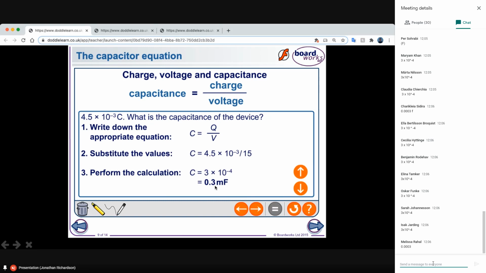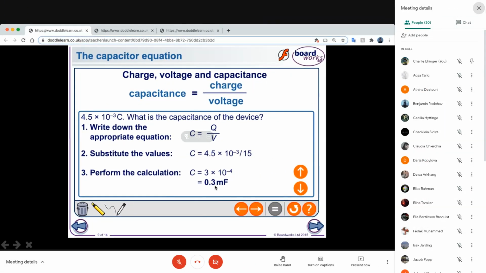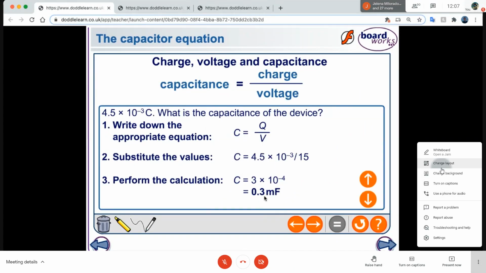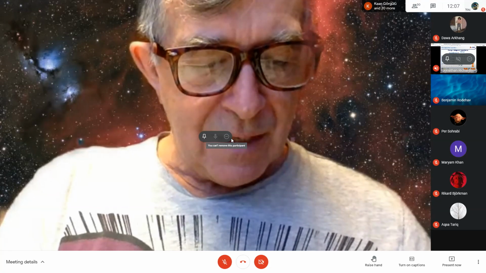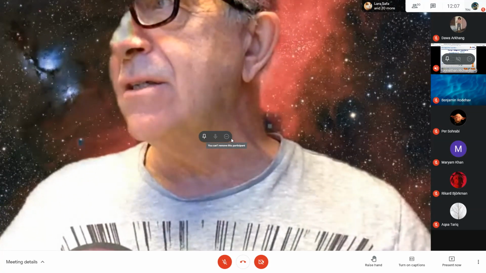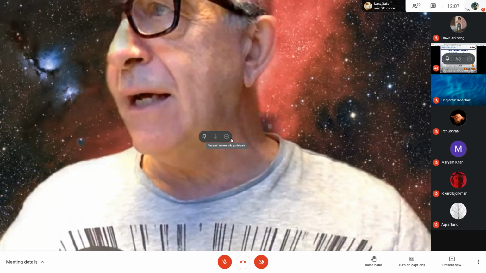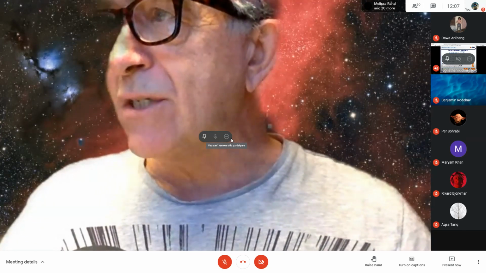You can probably see they all look very similar, but there are lots of different values. 10 microfarads, 22, 100, 220, 100 nanofarads, 33 nanofarads, and so on.